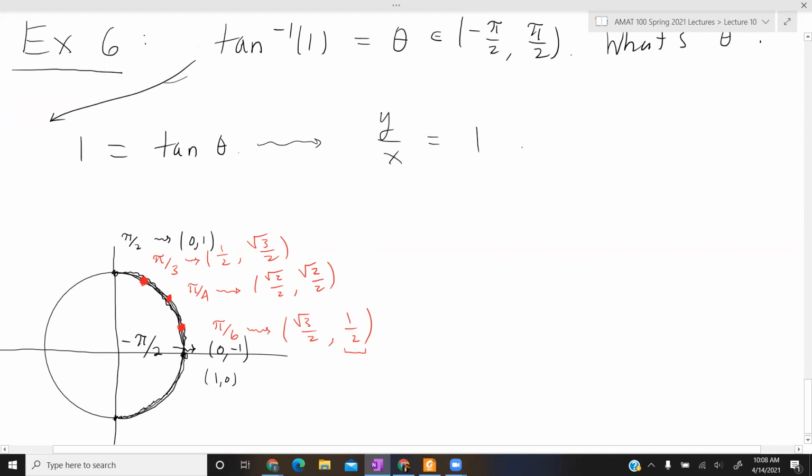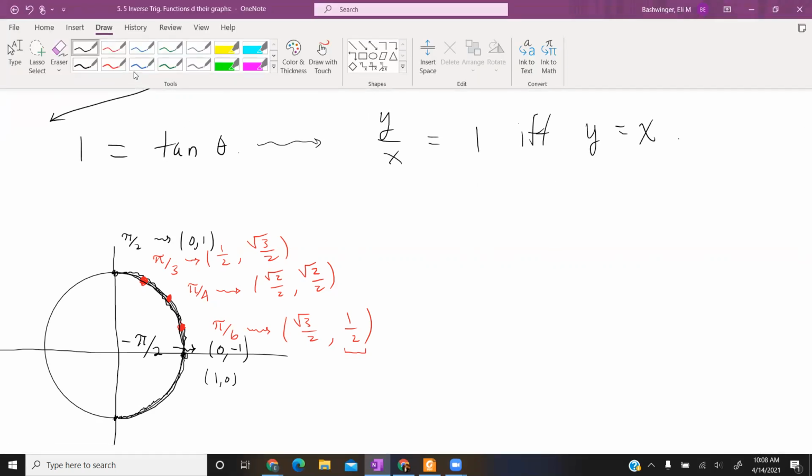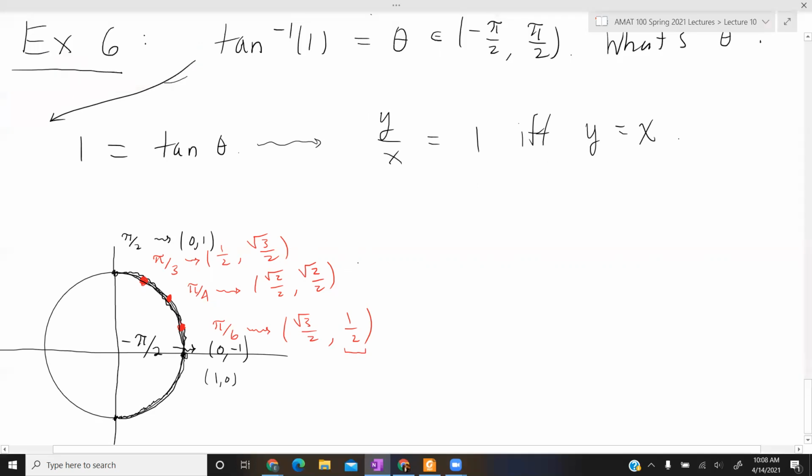Well, that's the case if and only if y is equal to x. So we want a point on the unit circle where the x coordinate and the y coordinate are the same. That's pretty easy to spot. It's going to be this one right here. The x and the y coordinate are the same. So that implies that theta is equal to pi over 4.